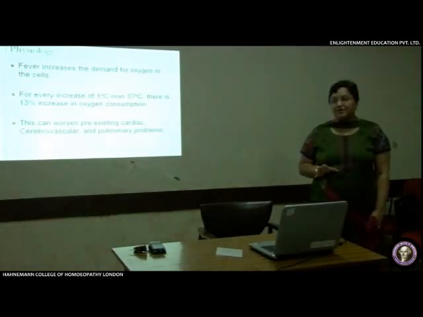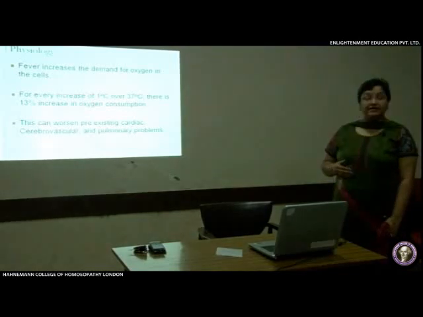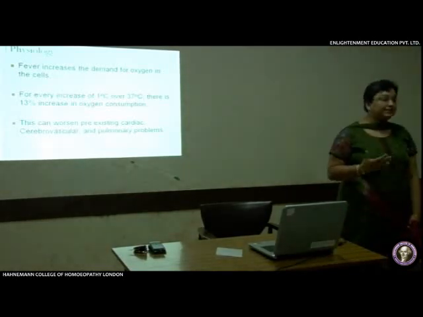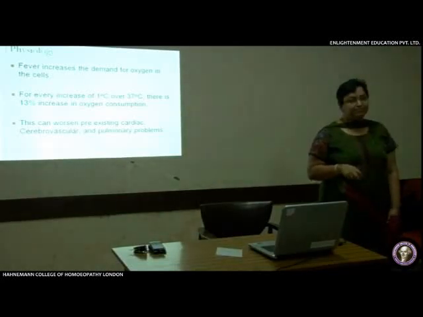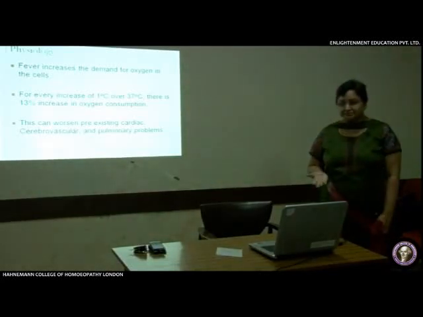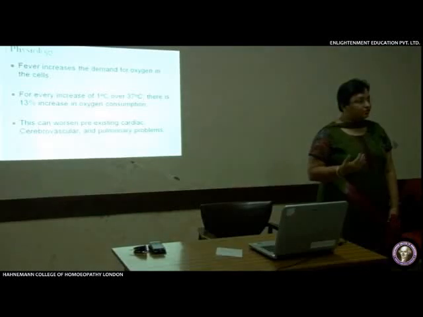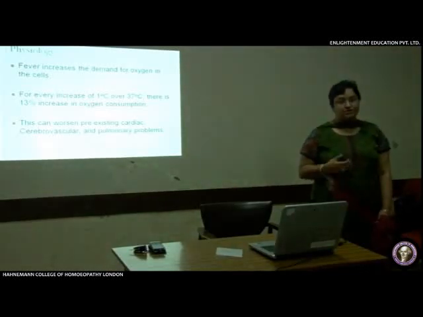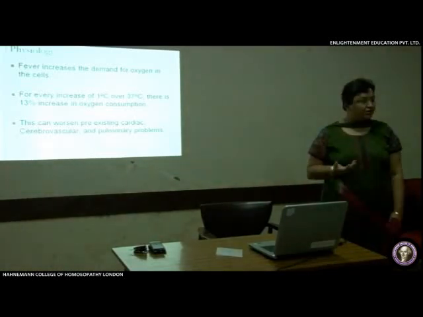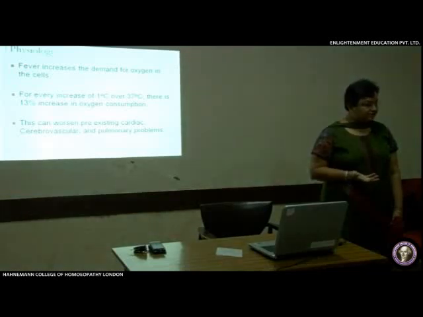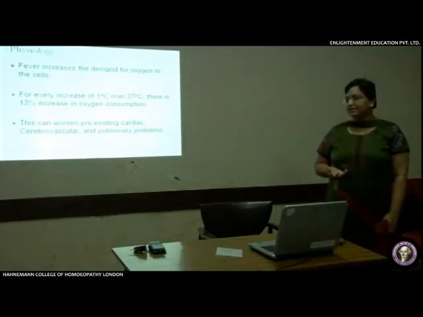This is commonly seen to affect badly the patients who already require more oxygen. For example, people who have a bad lung require more oxygen routinely, and therefore fever in such a patient who has chronic obstructive lung disease, COPD, pulmonary embolism, or any lung infection is going to be detrimental.